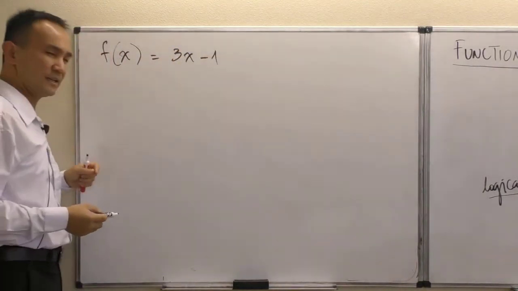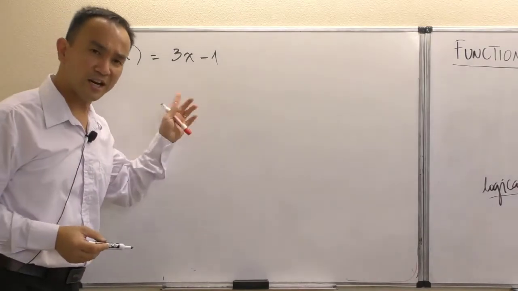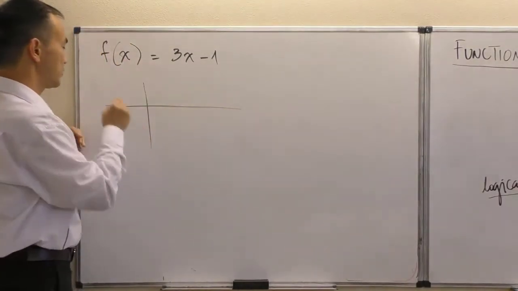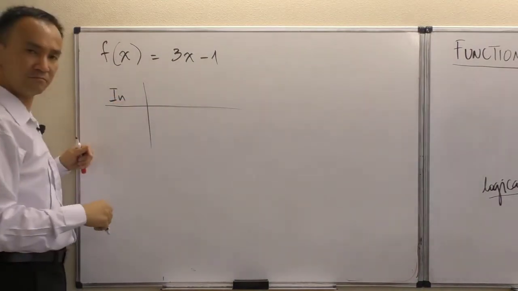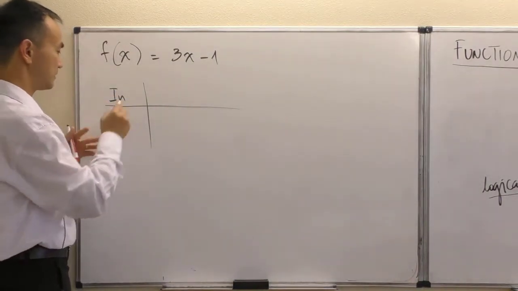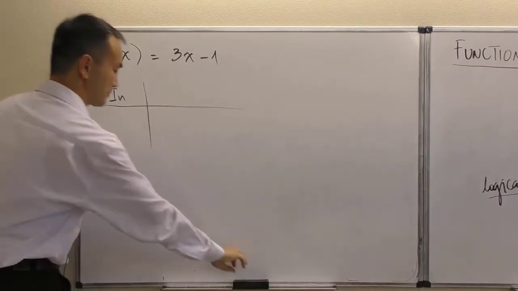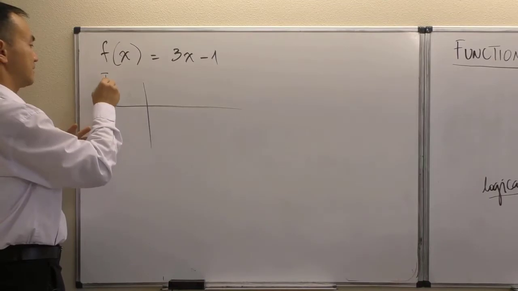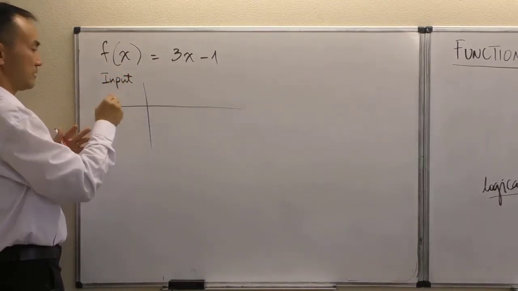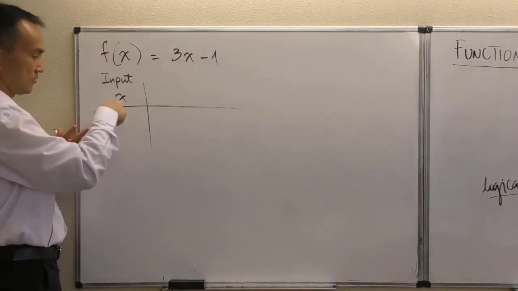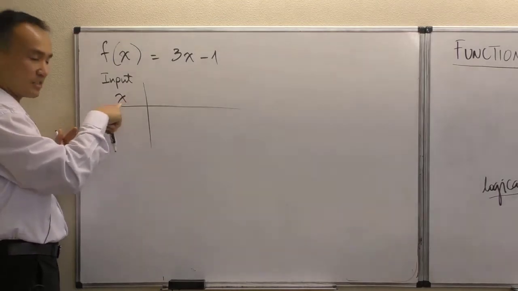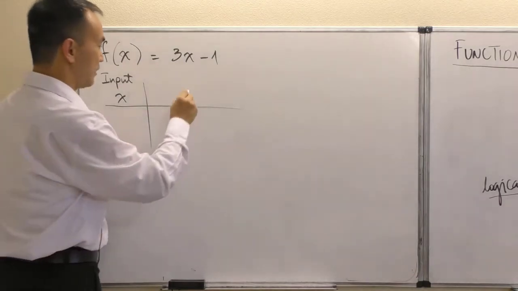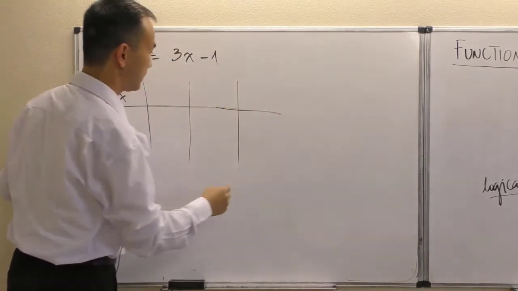Okay, so let's organize our work a little bit. As far as the inputs, the input was notated as the variable x, as the letter x in our expression here, and we used a few different inputs.